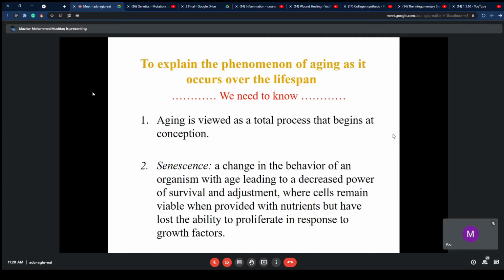You all know the function of the growth factor; you have discussed it in the hallmarks of cancer also. So the cells are no longer responding to the growth factor, which results in senescence, and the cell would no longer be viable after some time, and it will reflect in the phenotype of aging.